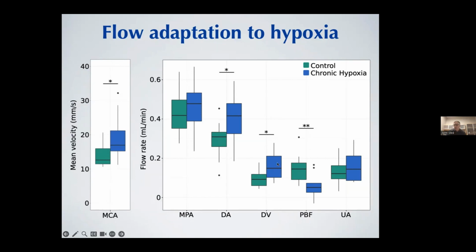As we saw just a moment ago, the ductus venosus is elevated, suggesting the fetal liver is being bypassed, and the amount of blood sent to the fetal lung is reduced. So essentially these fetuses, even though at this point the dam has been taken out of the hypoxic environment to the normoxic environment of the ultrasound suite, have a kind of baked-in brain-sparing physiology.